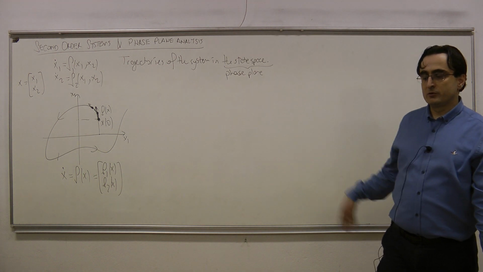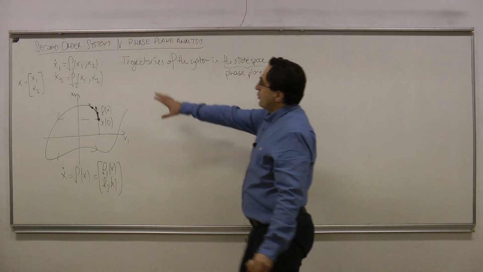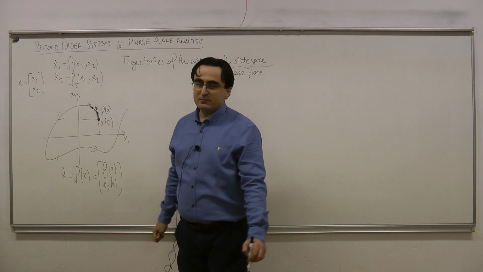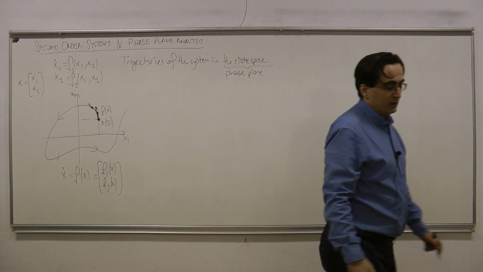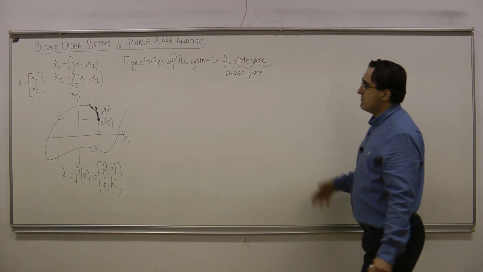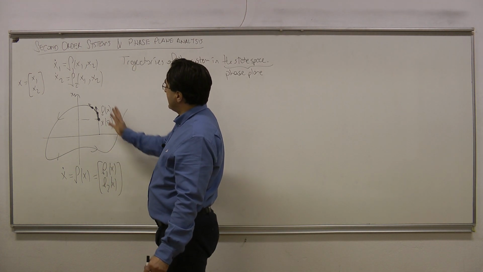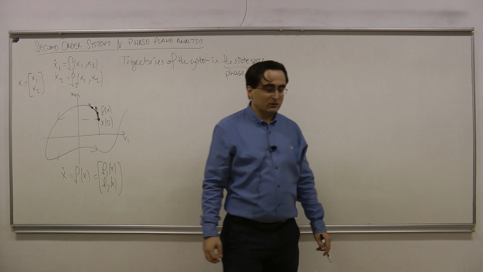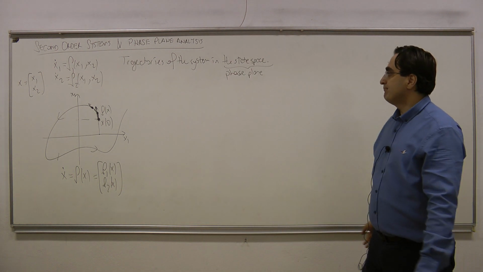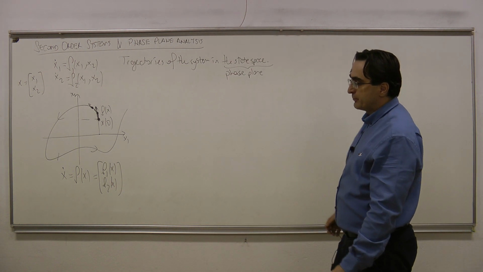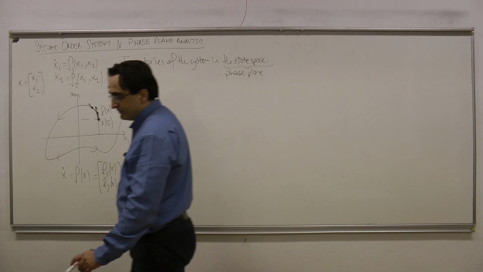This is what a computer does. So by seeing all of the functions at the same time, we want a much more sophisticated method to make an analytical analysis of these trajectories. All right? And that is going to be called phase plane analysis.